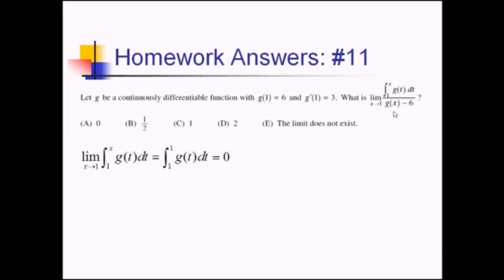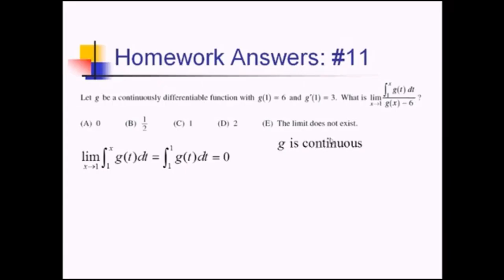And now for the denominator, we would love to just say, g of 1 minus 6, but we have to be careful here because they didn't really tell us a whole lot about the g function. They did, however, say that g was continuously differentiable. That means that both the derivative and therefore the original function are continuous. So since g is continuous, why do we care?